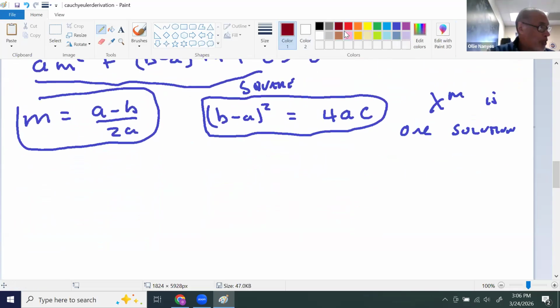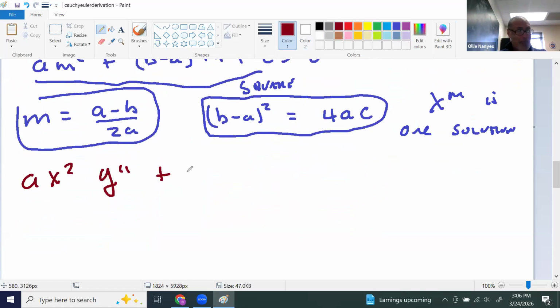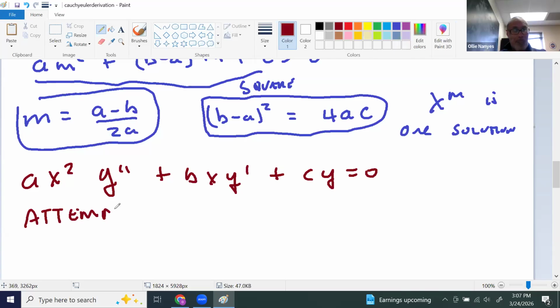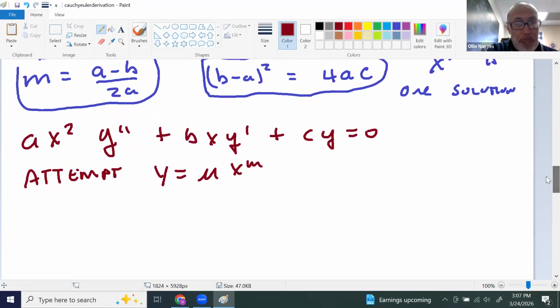Well, what we do is we go back to our differential equation and we do a reduction of order. So we attempt the solution y equals u times x to the m, where u is some differentiable function.